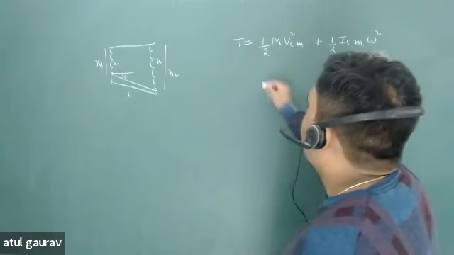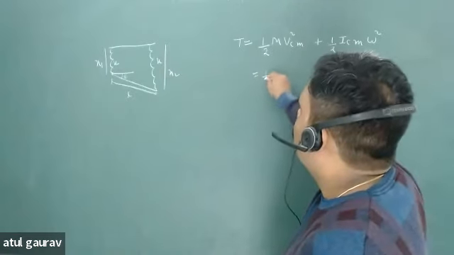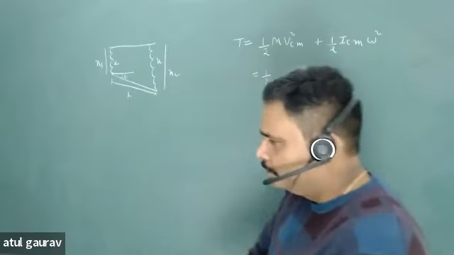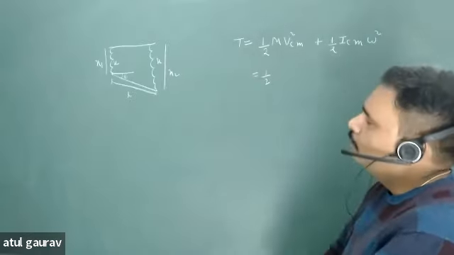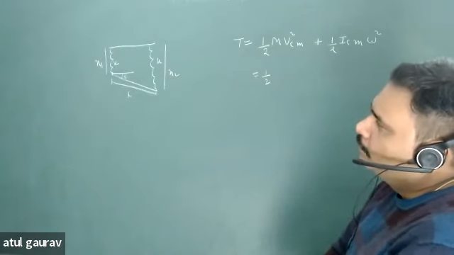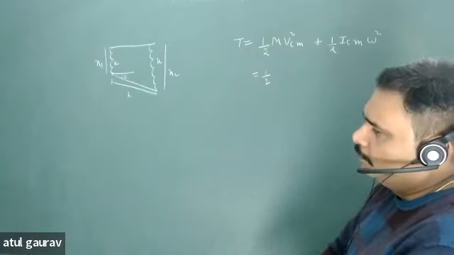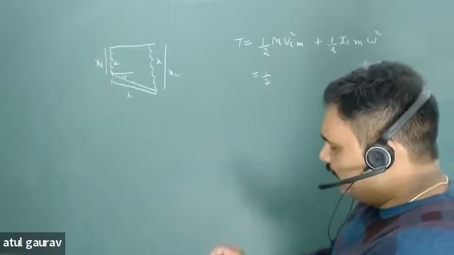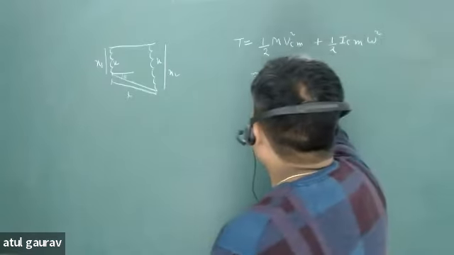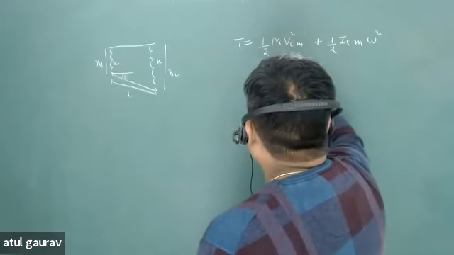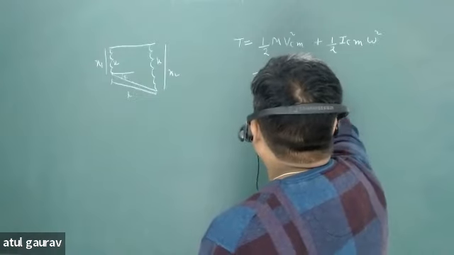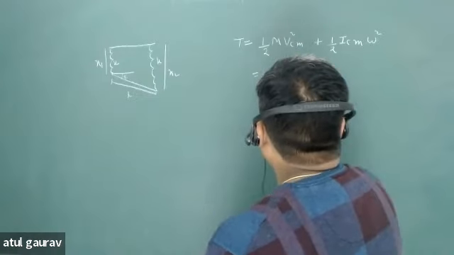And what is your VCM in this case? Anyone? What will be your VCM? x2 plus x1 by 2. So VCM is equal to (x2 dot plus x1 dot) by 2, isn't it?